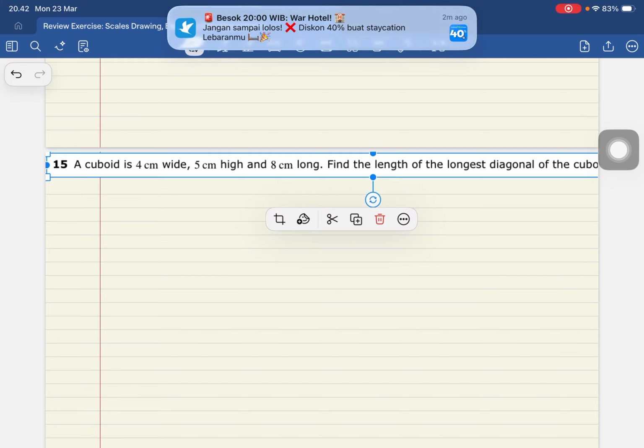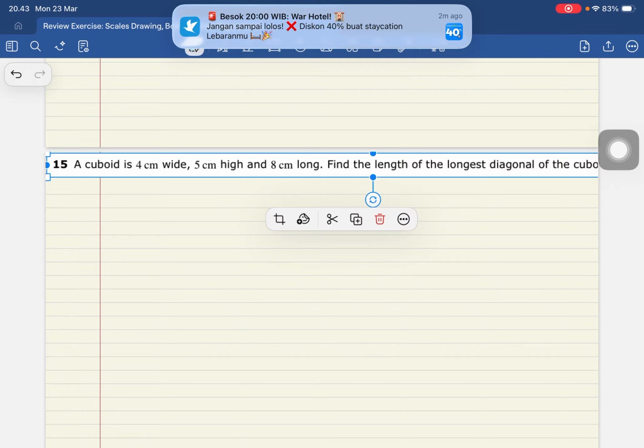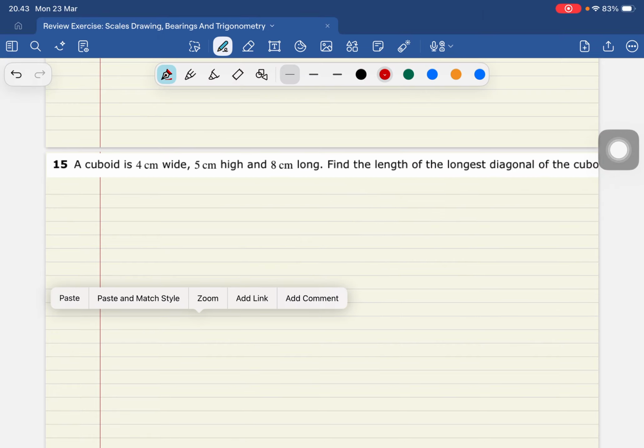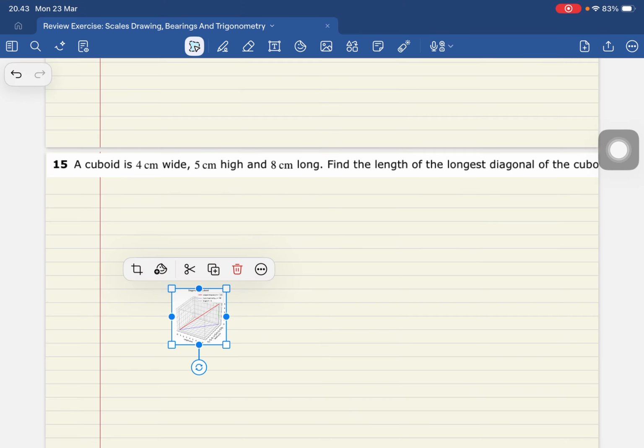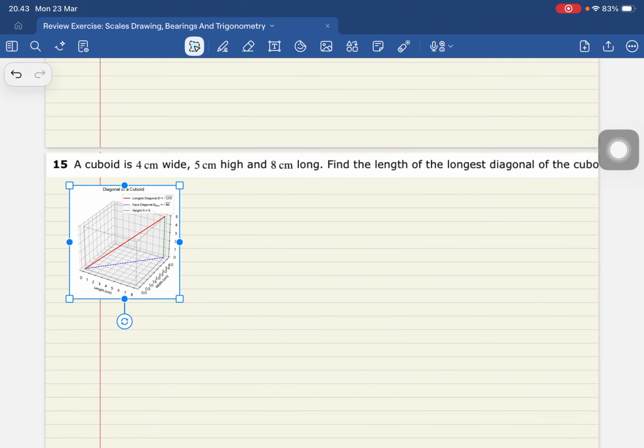Okay, let me copy the drawing and copy the image. Yeah, here it is. To make it clear, I will explain it step by step.